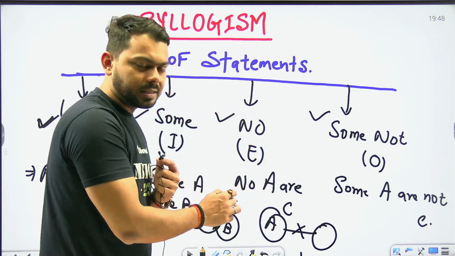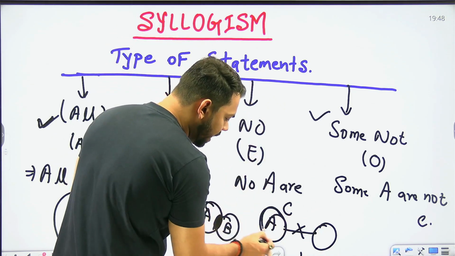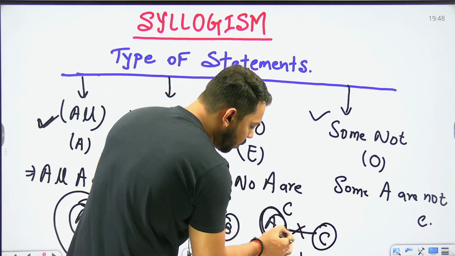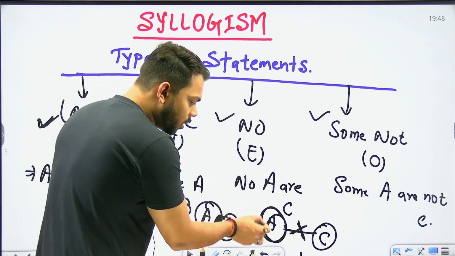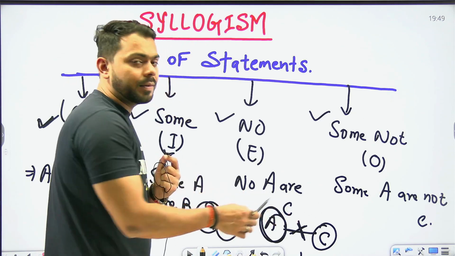If no A are C is given, we draw A here, C here, and both will have a gap in between. Right? A will have no relation with C.